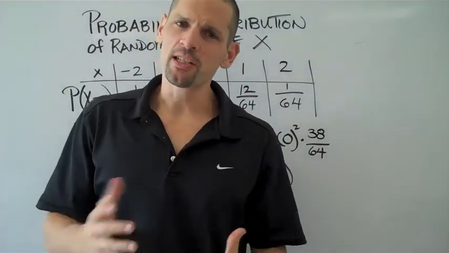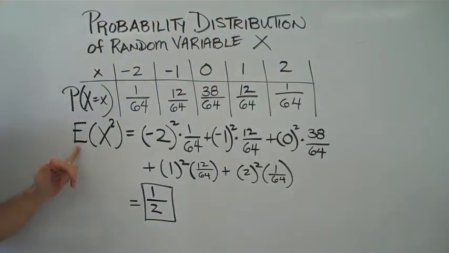So our first step in this problem is to find the expected value of x squared. If we're going to find the variance, this is our first step.